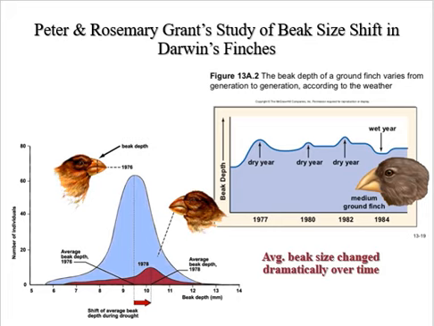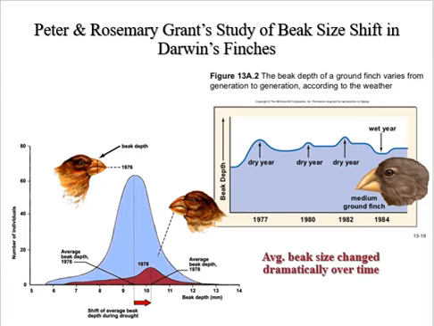Once all the small, medium-sized seeds had been eaten, the only ones left were larger, spiny seeds that were very hard to crack open. And what the Grants noticed was that the average beak depth started to change from one year to the next, again in a predictable fashion.